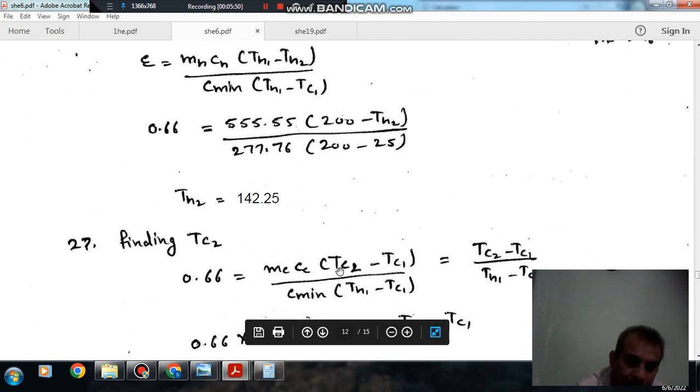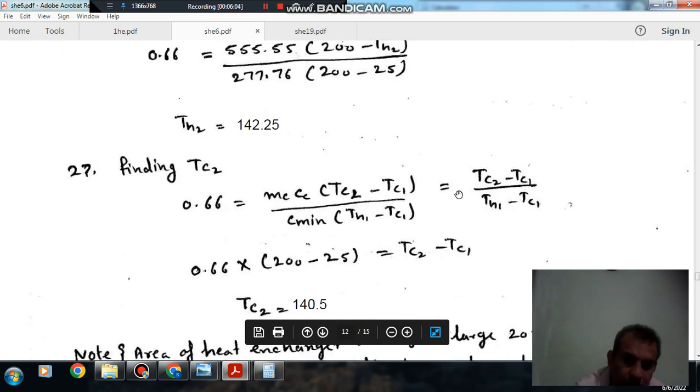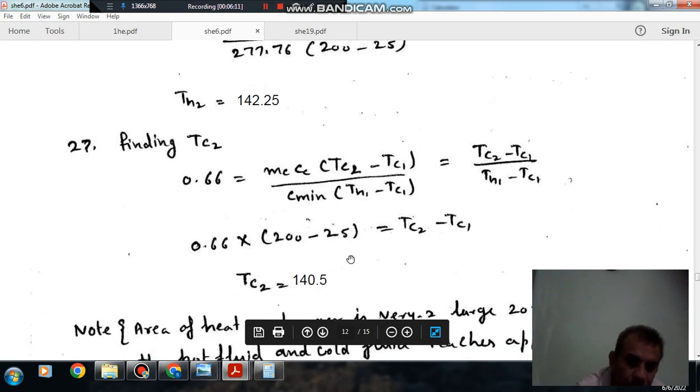So the heat transfer from the cold fluid is MCCC times (TC2 minus TC1), and this equals C minimum times (TH1 minus TC1) times the effectiveness. So (TC2 minus TC1) divided by (TH1 minus TC1) is the effectiveness. So TC2 minus TC1 is equal to 0.66 into (200 minus 25). So TC2 comes out as 140.5.